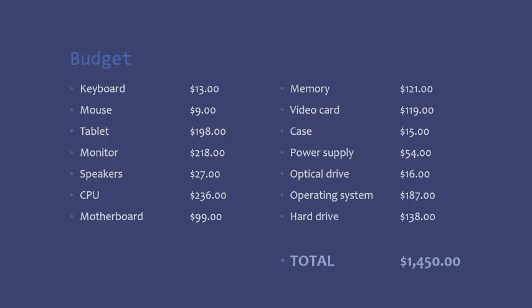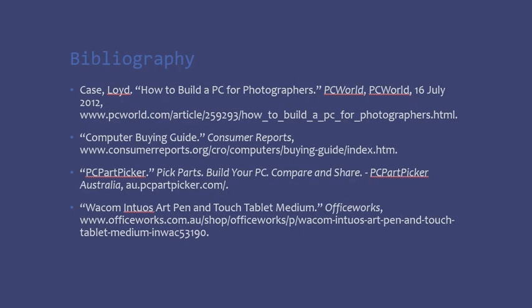Okay, he then included their budget. Now you don't have to include this in your PowerPoint. You've got a table that I've put on today's lesson plan that you can fill in and add separately, or you can add it to your final slides. And then the bibliography was for all of the places where they got information.